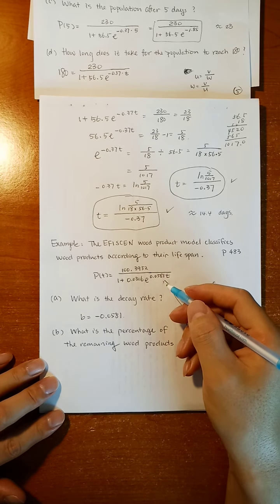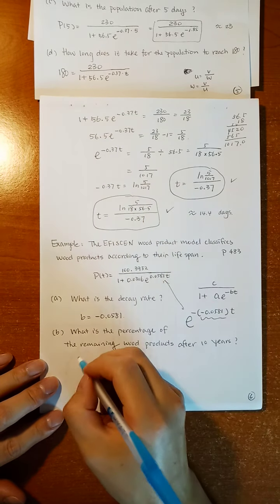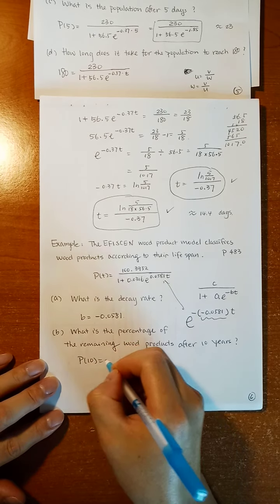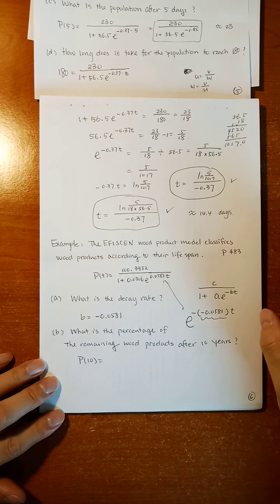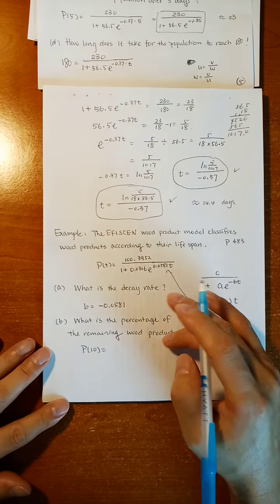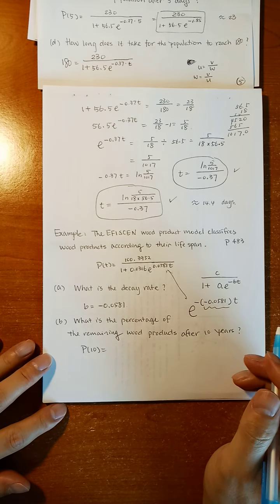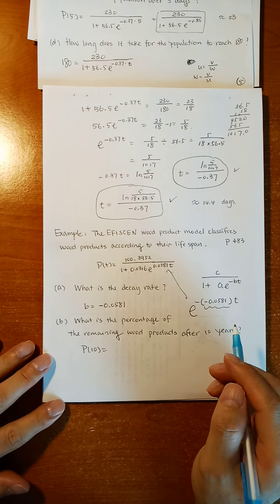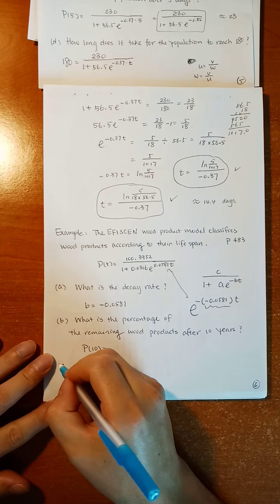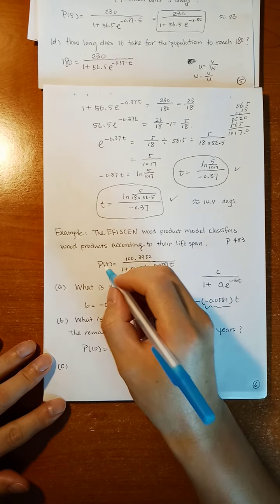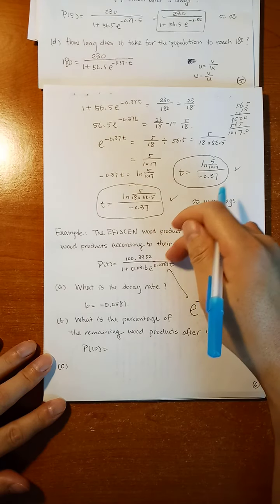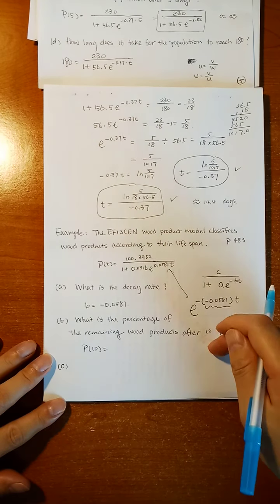After 10 years, you just let t be 10. You compute P of 10. You plug in here, you will get some expression. That's not difficult. Okay, what is the percentage? You get the percentage. And this P represents a certain percentage. It's from the problem. You read the problem, you get it.